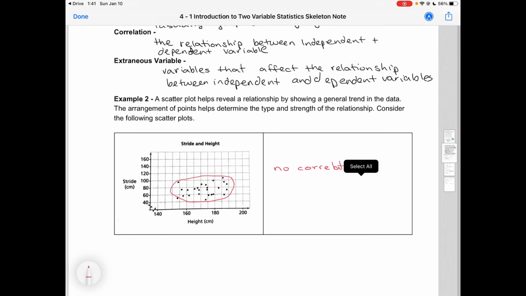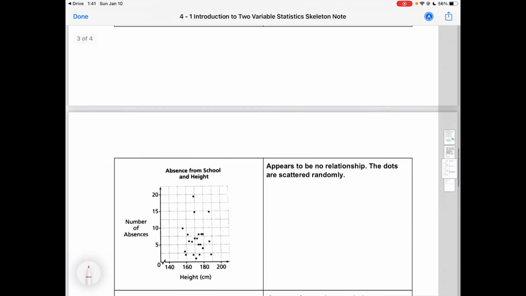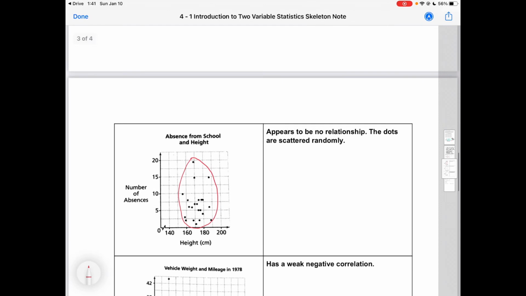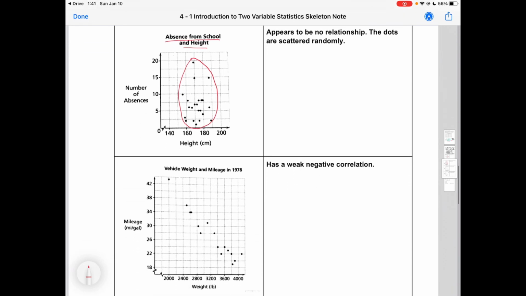This would be an example of no correlation. Moving on to the second one, this is the same thing. There appears to be no relationship. The dots are just scattered randomly, which, as you might expect, absence from school and height, chances are slim that those are going to be correlated.